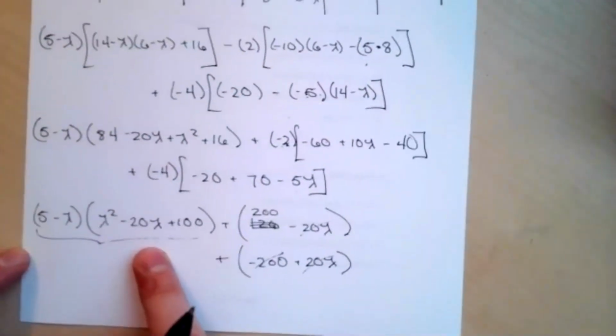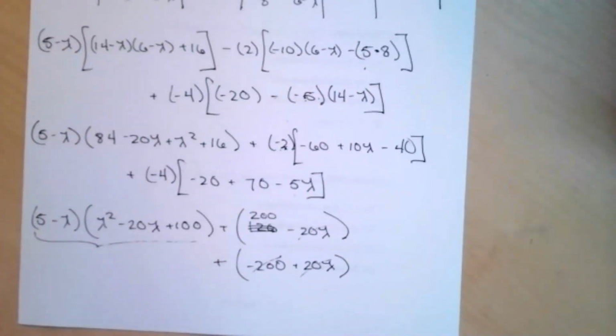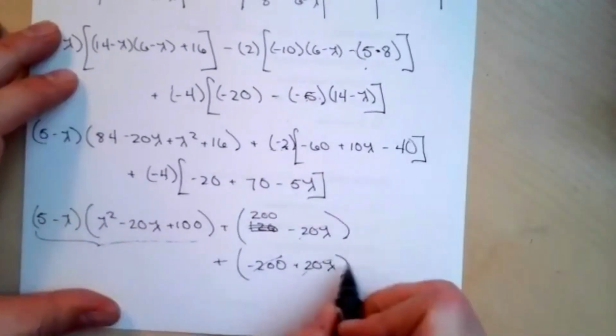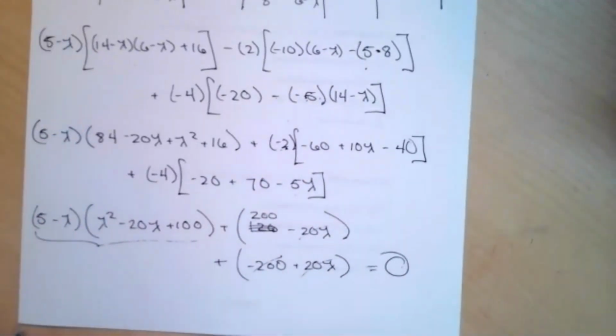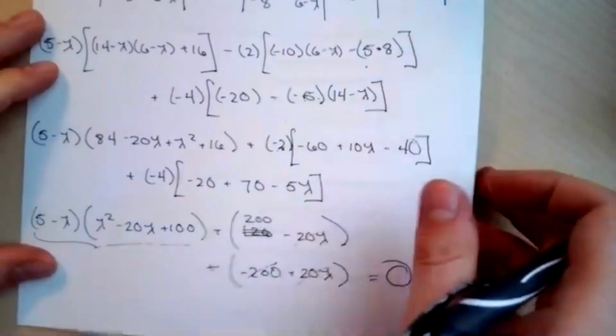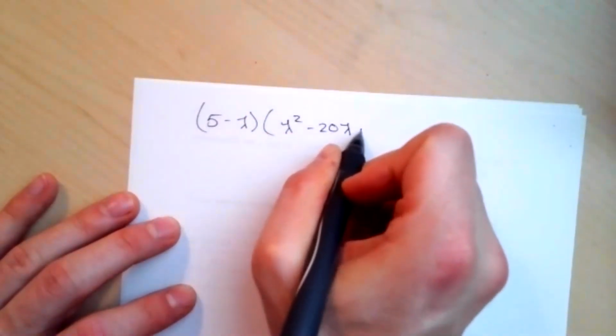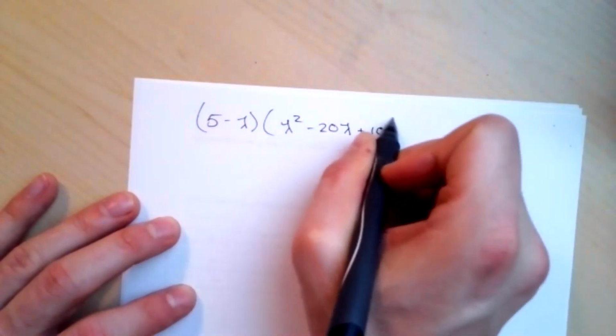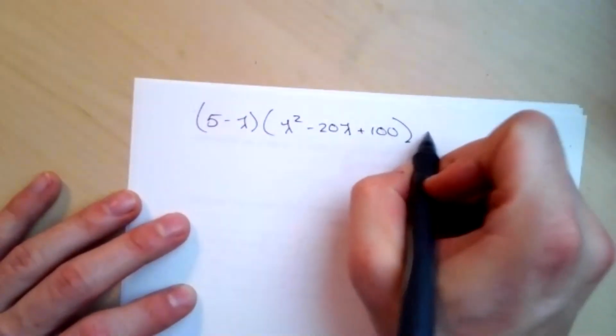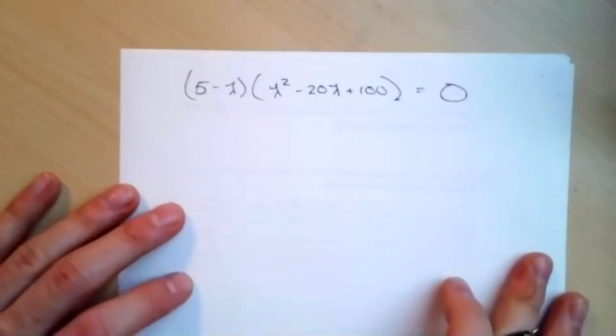Let's keep that as it is because it's already factored. And of course, we want to set that determinant equal to 0. So our equation now, we've reduced it down to, we'll start with this tomorrow, 5 minus lambda times lambda squared minus 20 lambda plus 100 equals 0.